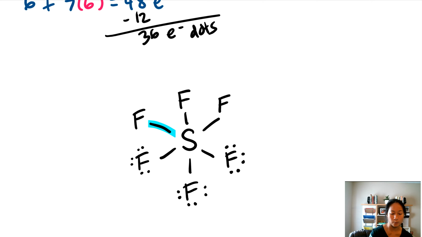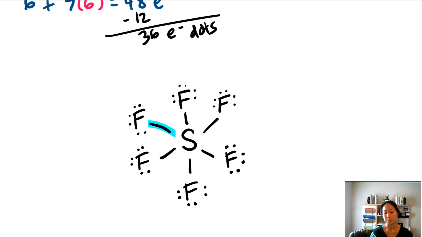Imagine that there's a square around the fluorine, 4-sided, and each side of that square can get 2 electrons. You would not want to put dots anywhere near the lines. For example, you would not want to put dots there where the lines are, because then you are confusing that for shared electrons, which is not the case for those dots.